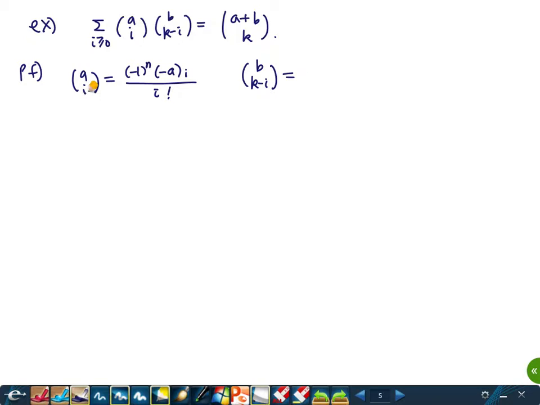If you substitute b by a, k minus i by i, and try to use this, then that's not what we want, because this is not constant. Okay, so let's try to express this. So first use the formula for the binomial coefficient, so b minus k plus i. Okay?